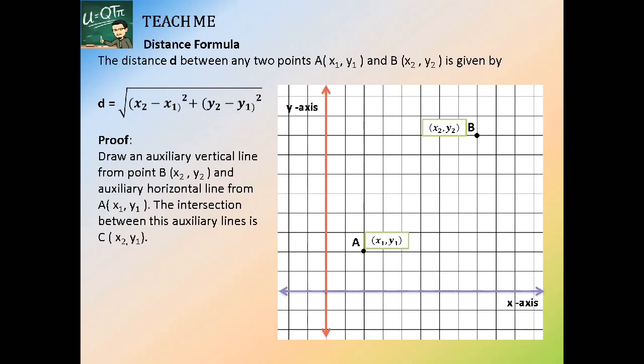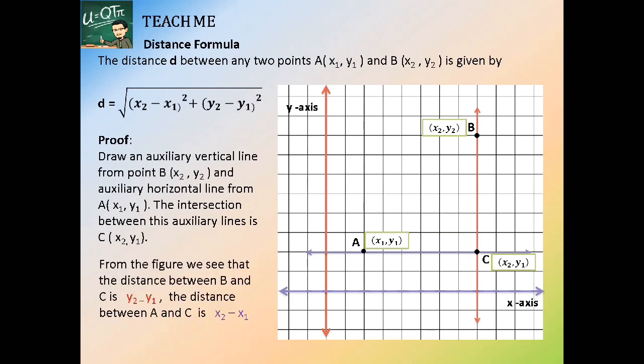As a proof, draw an auxiliary vertical line from point B, which is x sub 2, y sub 2, and an auxiliary horizontal line from A, represented by x sub 1, y sub 1. The intersection between the auxiliary lines is what we call C, which is represented by x sub 2, y sub 1.